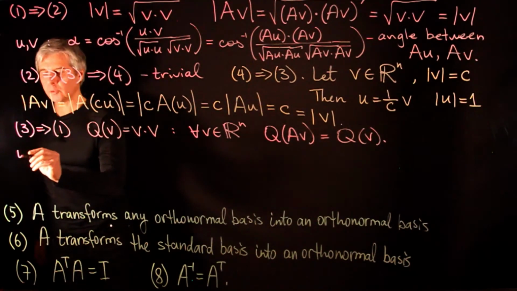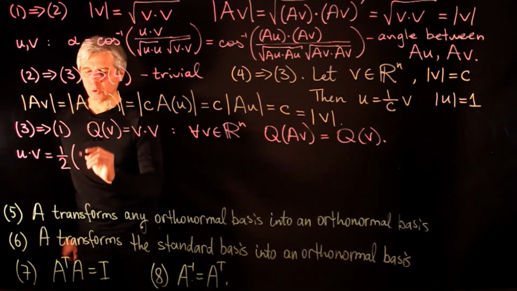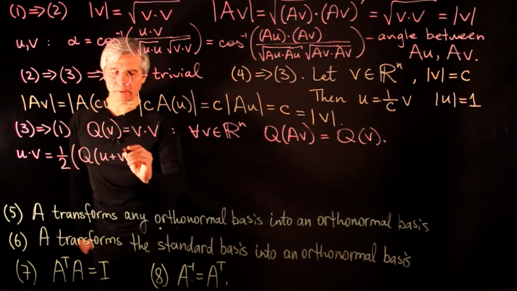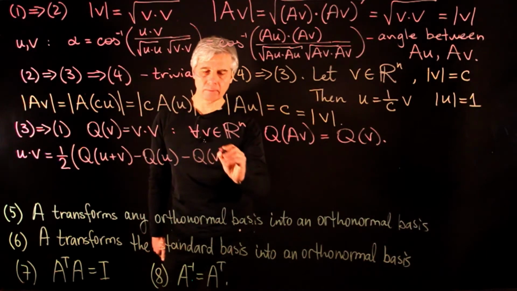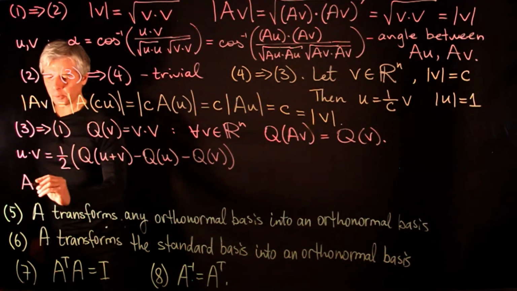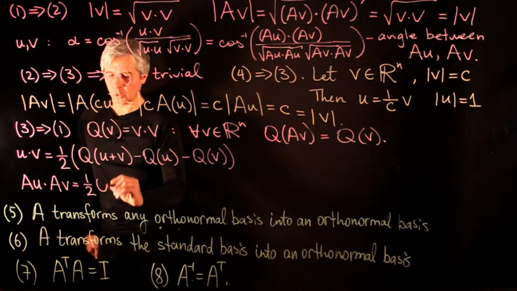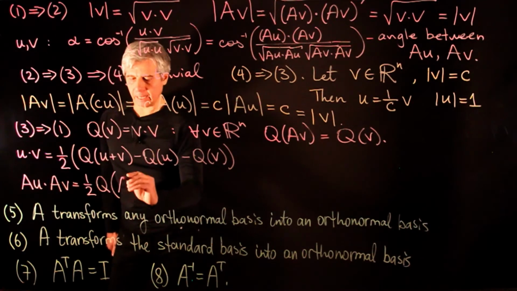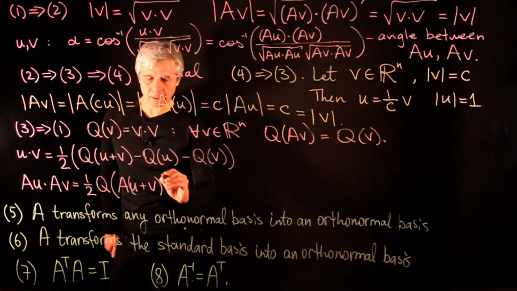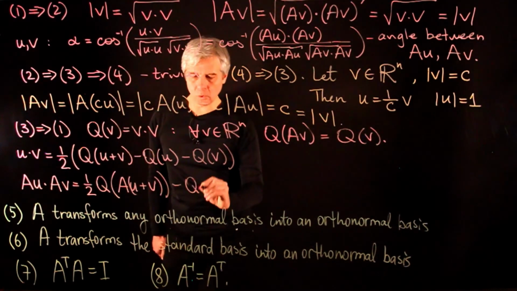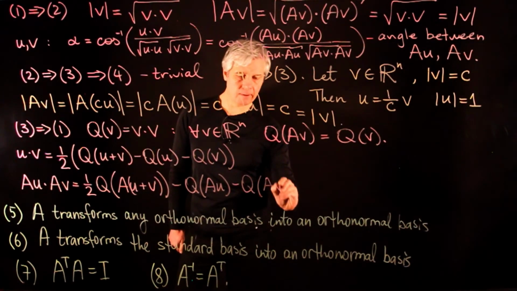We know that the dot product u dot v can be written as 1/2 q of u plus v minus q of u minus q of v. Then, if we take the dot product of AU with AV, this is 1/2 q of AU plus AV, which is the same as q of A of u plus v, minus q of AU minus q of AV.